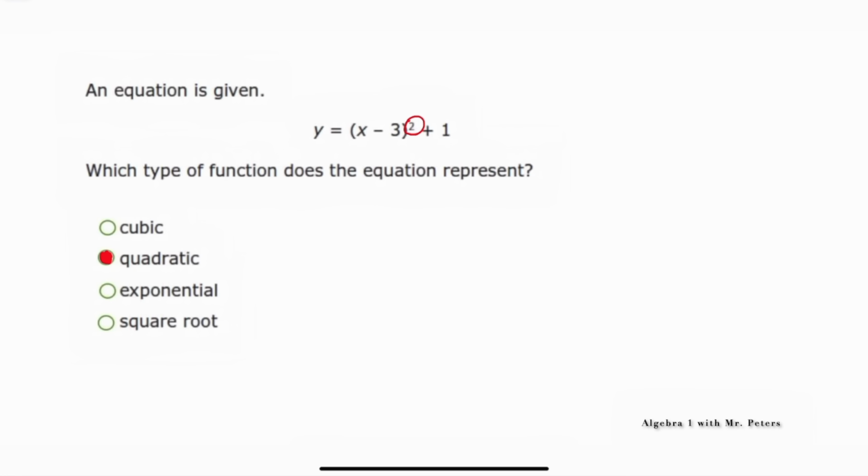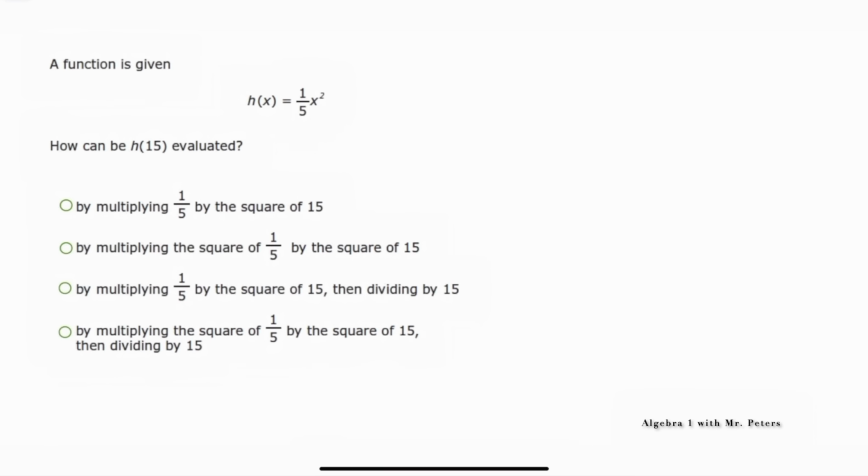They give us a function, and they're asking us, how can h of 15 be evaluated? So if we're evaluating this, we would substitute the x in, and then we'd have 1 over 5 times 15 squared.